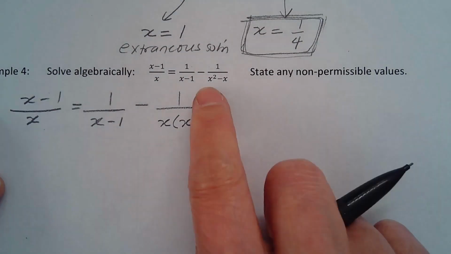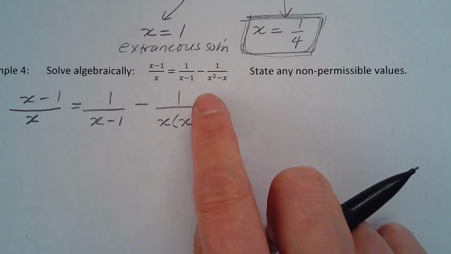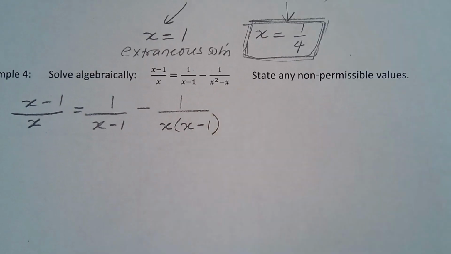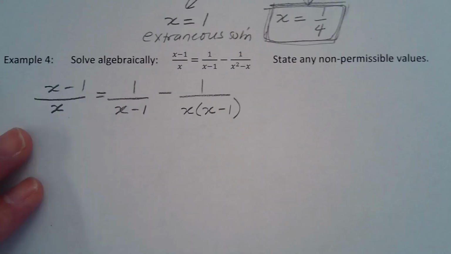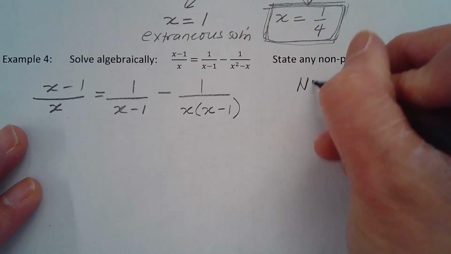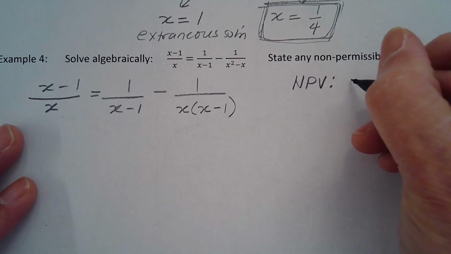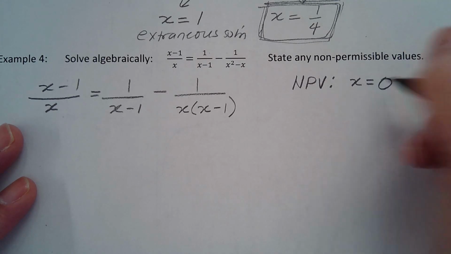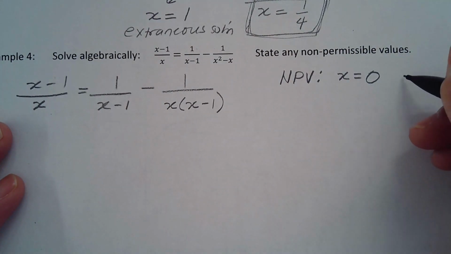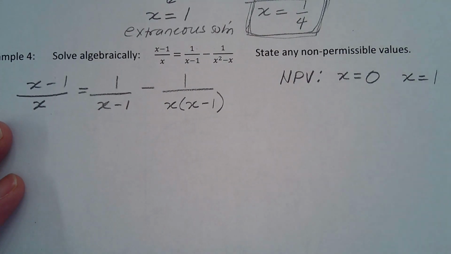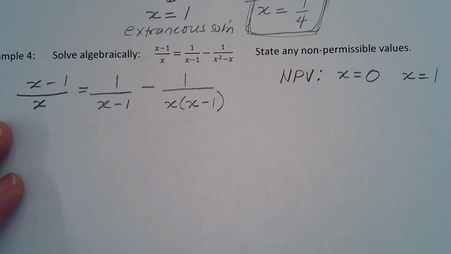What are the non-permissible values? Exactly, x equals 0 and x equals 1. We got two non-permissible values.